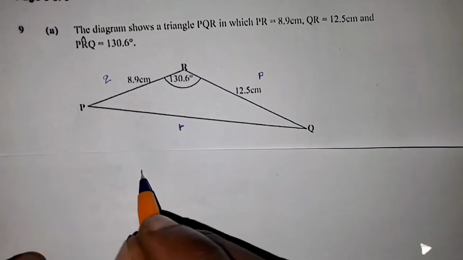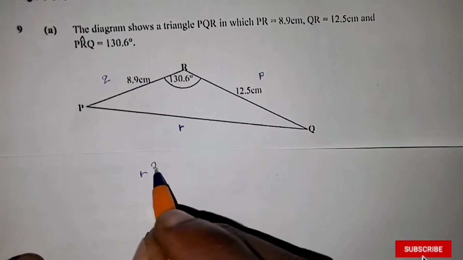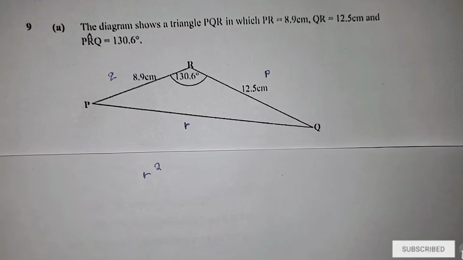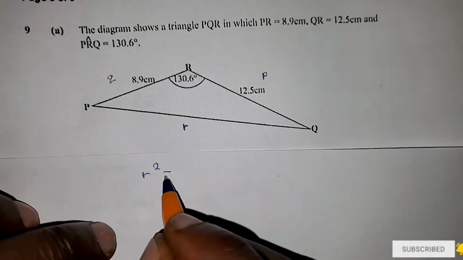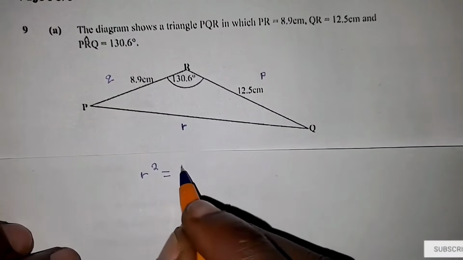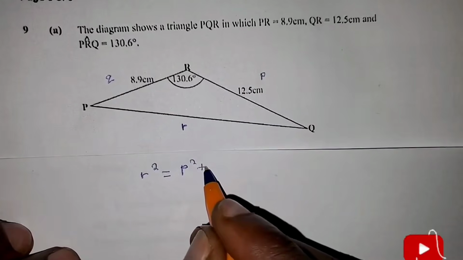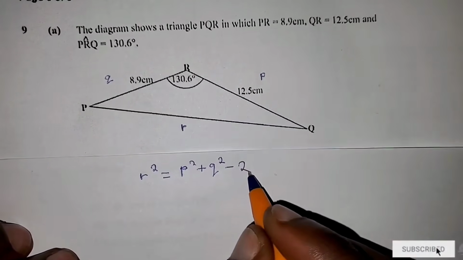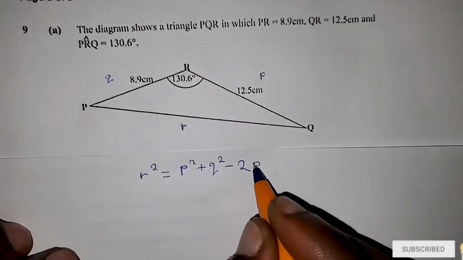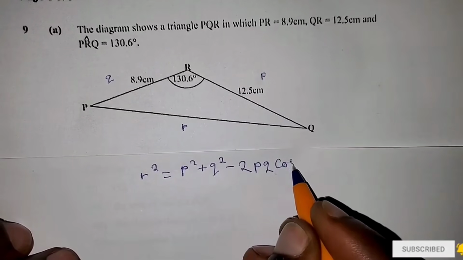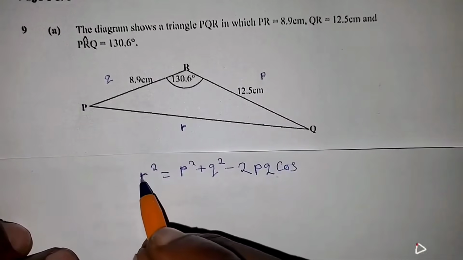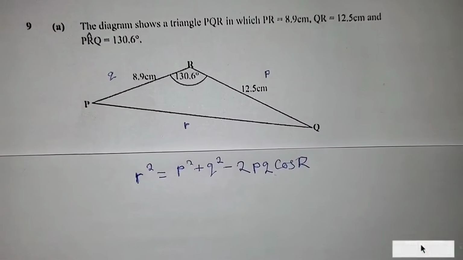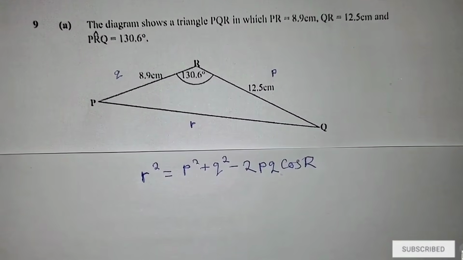So we're going to say r squared is equal to p squared plus q squared minus 2pq cos R, which is capital letter R. Then it's just a matter of substituting.